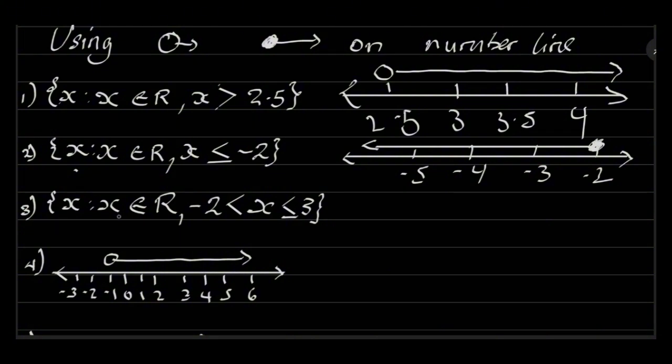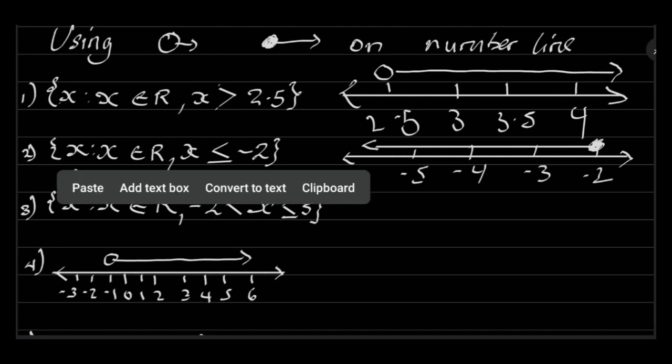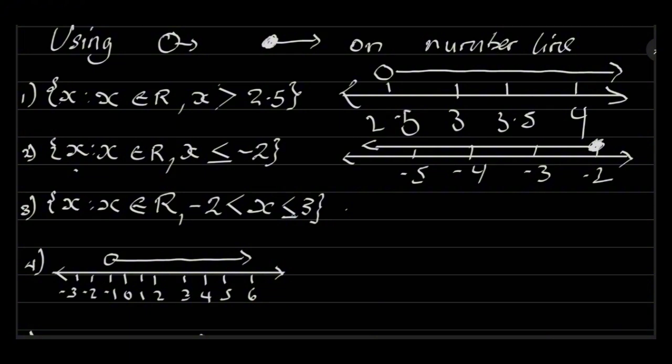We have x to be a subset of real numbers where x is greater than -2, but then it is less than or equal to 3. So this is what we are going to have.